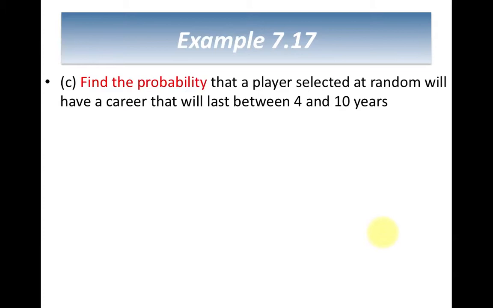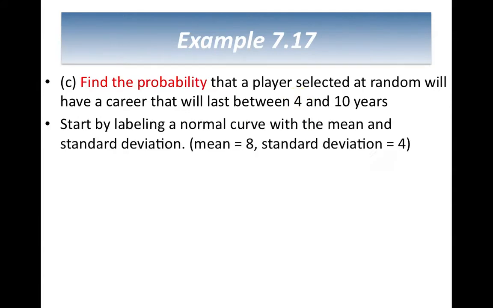Part C. Find the probability that a player selected at random will have a career that will last between 4 and 10 years. So when you have a question that asks for between, then there's no need to use positive or negative infinity, because you're finding the area between two finite values, in this case 4 and 10.